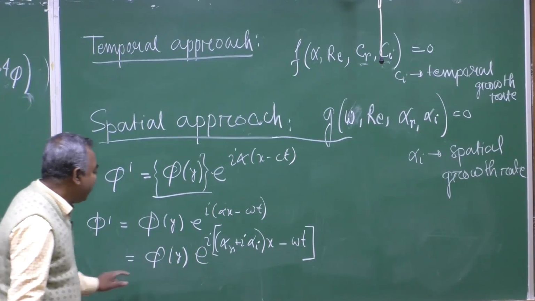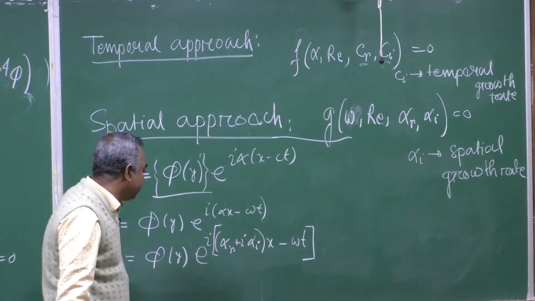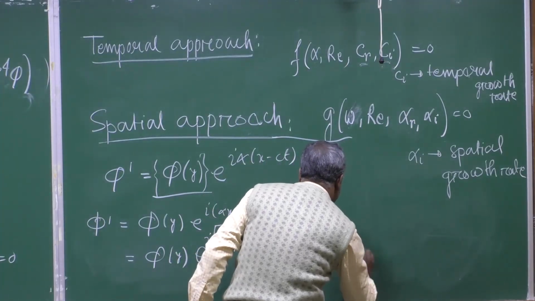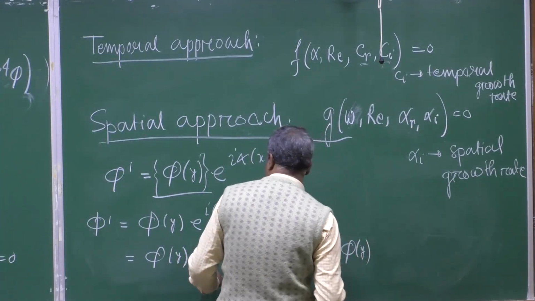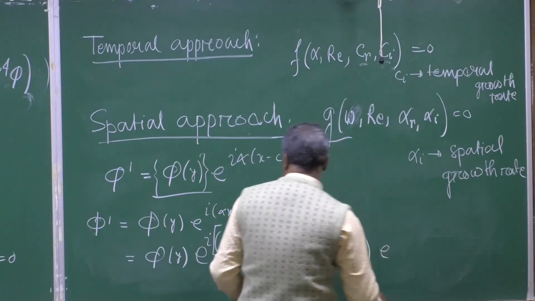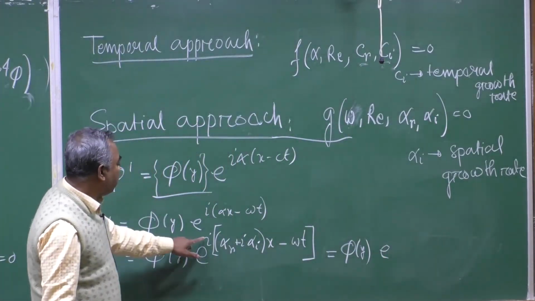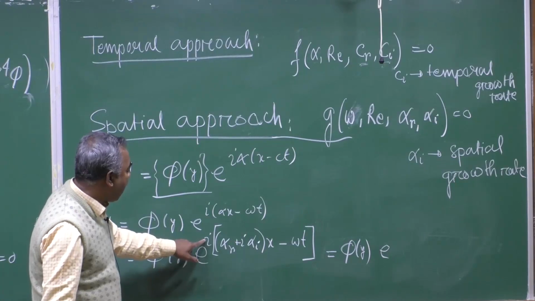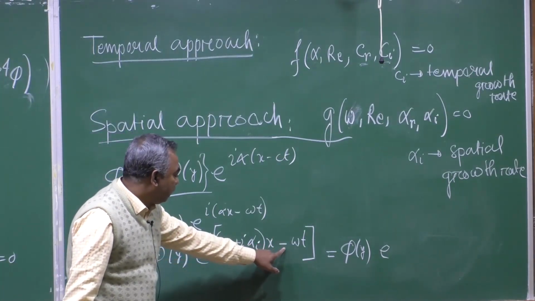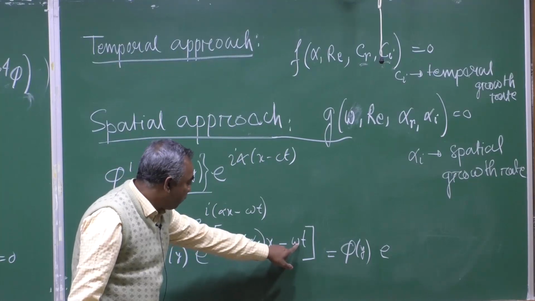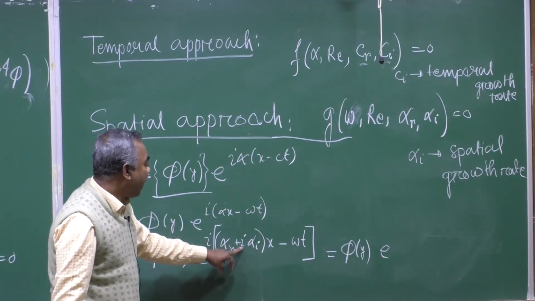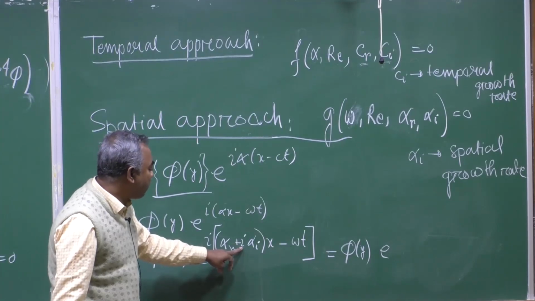So, if we simplify this, you see i we can take it inside, then what do we get? Phi of y, then you see exponential, the complex part we will take out. So, the complex part is going to be i alpha r x minus i omega t, and the other i will be i square. So, i square is equal to minus 1.